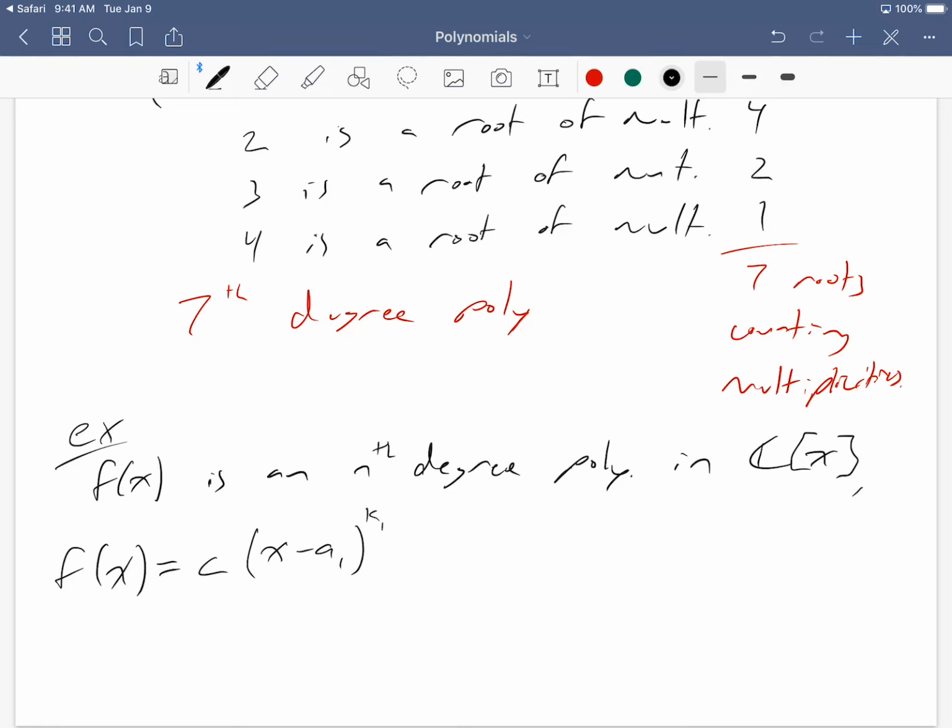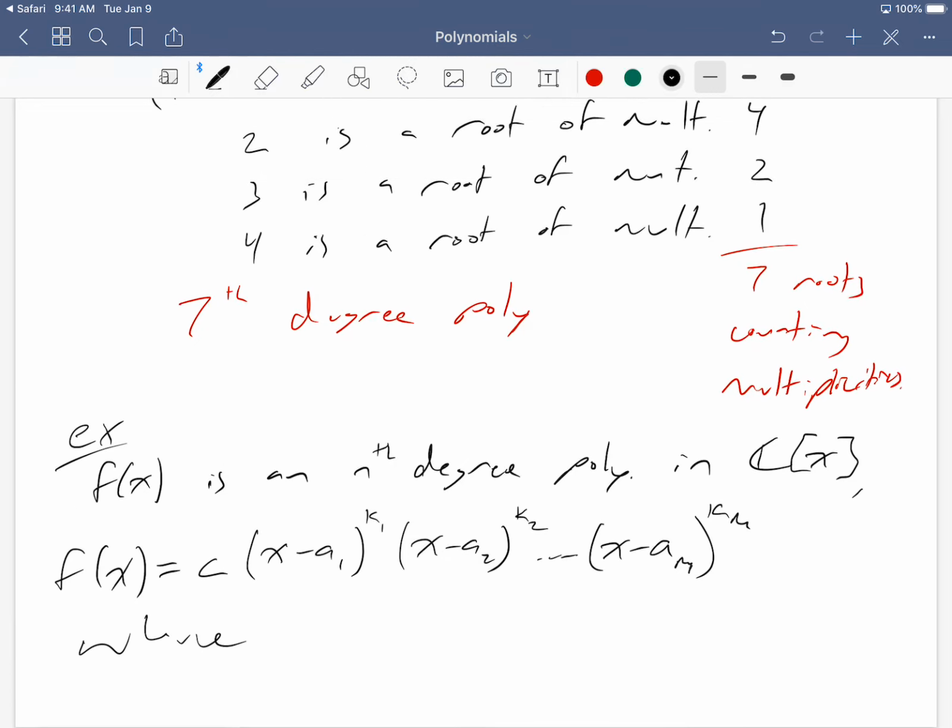So a1 is a root of multiplicity k1. a2 is a root of multiplicity k2, and we keep doing that all the way up until maybe the mth root of multiplicity km. Then we know by this fundamental theorem that k1 plus k2 plus dot dot dot all the way up to km is equal to the degree of f, so n.